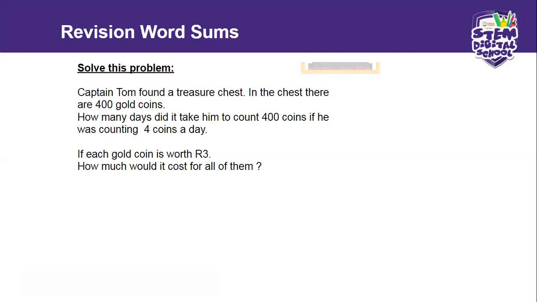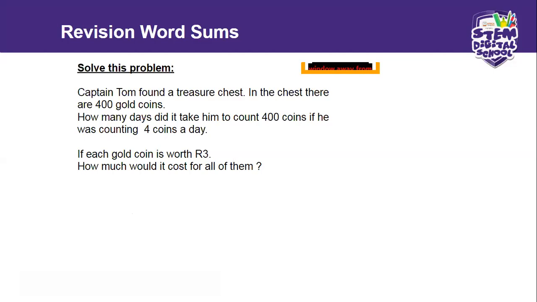Okay, the next one there says, Captain Tom found a treasure chest. You know, in the pictures, the treasure chest. Okay, in the chest there are 400 gold coins.